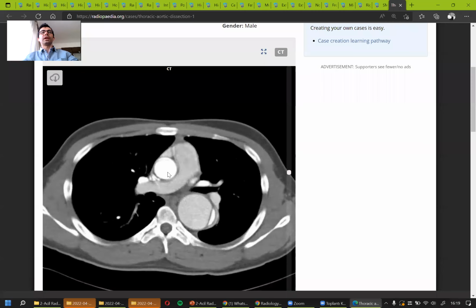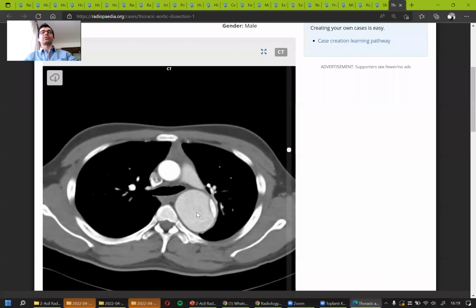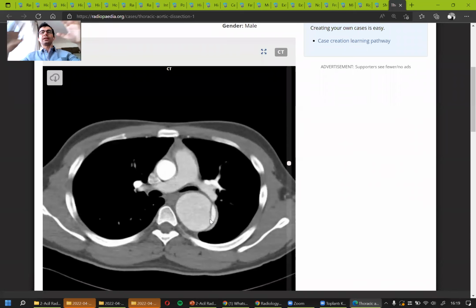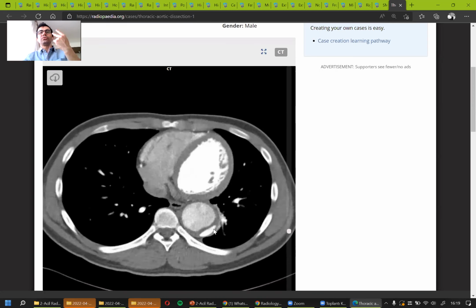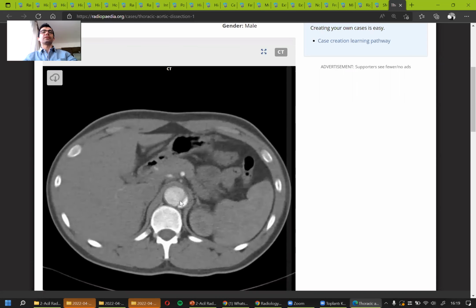When I start to follow the aorta, the ascending aorta is fine, but when I go to the descending aorta, the descending aorta is disproportionately bigger than the ascending one. It's much dilated, and there is a line which is simply supposed to be not there. So there are actually two lumens, not one, inside this blood vessel.